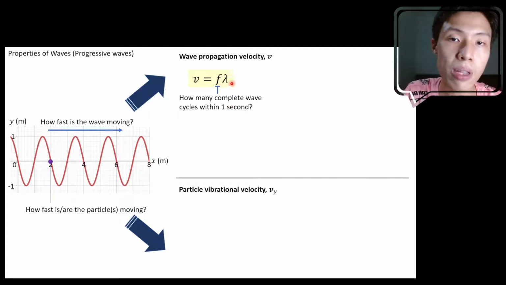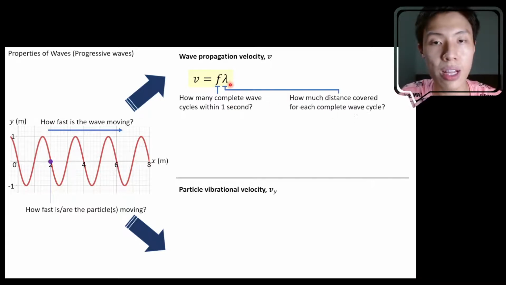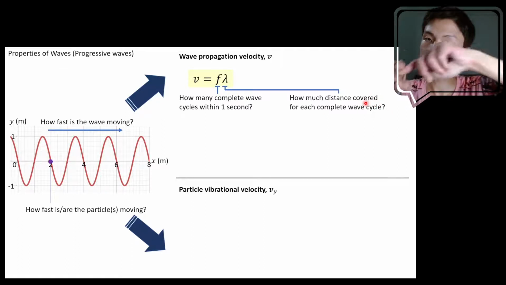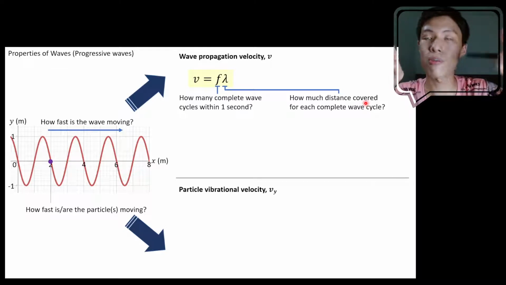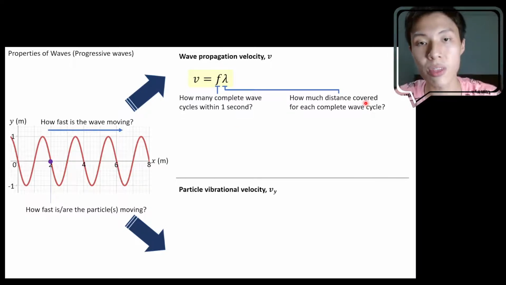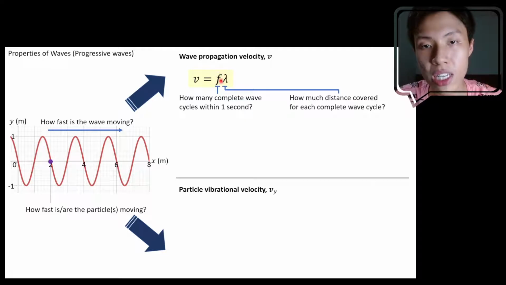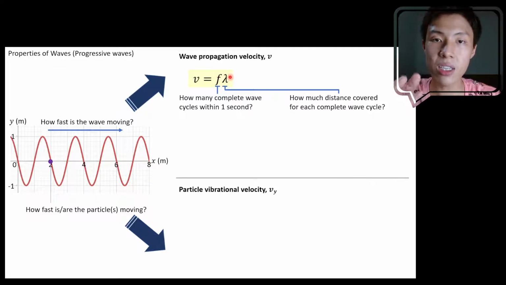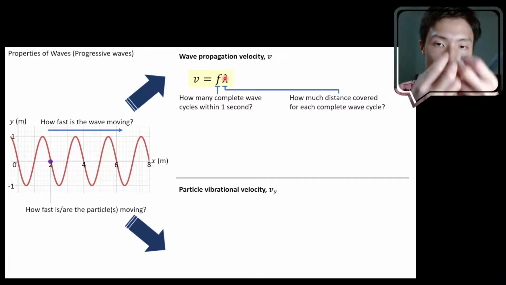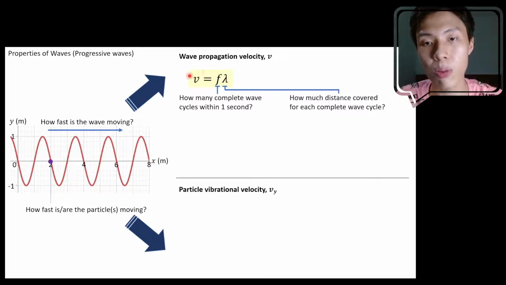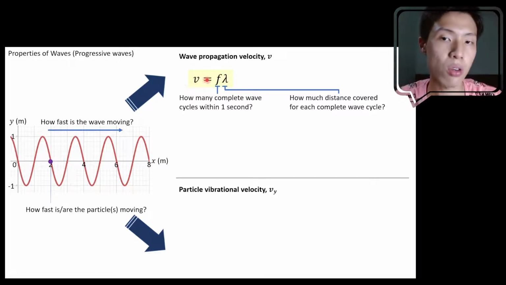For lambda, it's wavelength. Lambda is the distance covered by 1 complete wave cycle. So if you measure the distance covered by 1 wave cycle, that distance is the wavelength itself. So why is it that when you multiply these two variables, you obtain your speed?